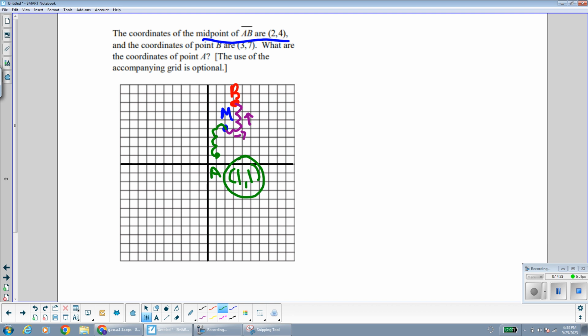You can also do this algebraically using the midpoint formula as well. And that can be helpful, especially in situations where your coordinates are really large and they don't fit on the grid, or if you don't have graph paper. So I want to go through how to do that. So the midpoint formula is the average of the x coordinates, comma, the average of the y coordinates.